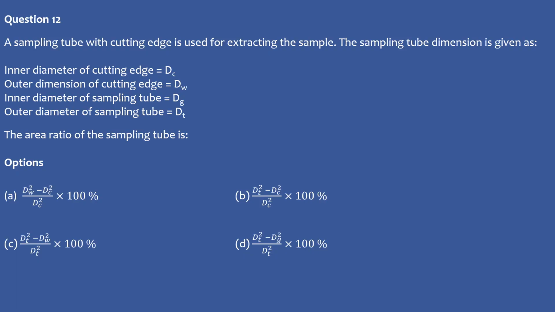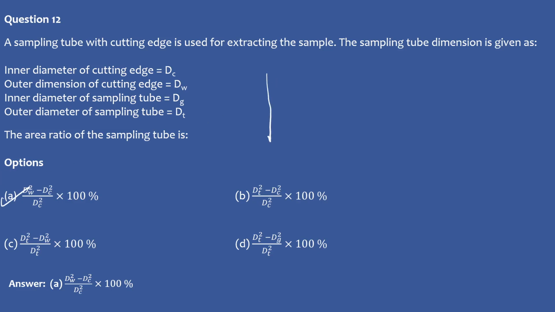The straightforward formula. So correct answer is Dw square minus Dc square upon Dc square.